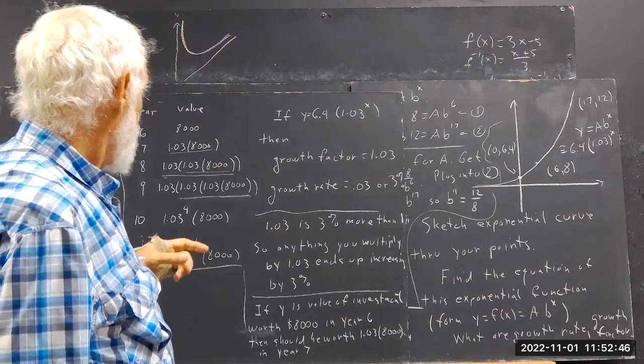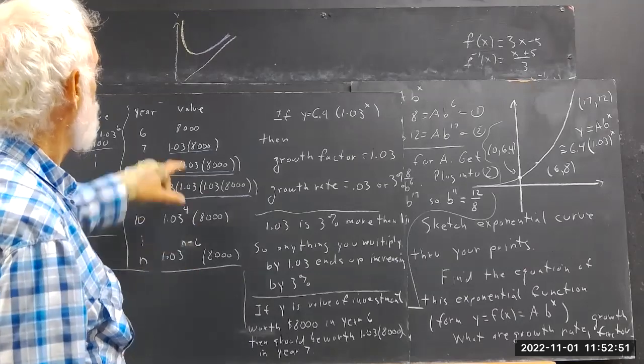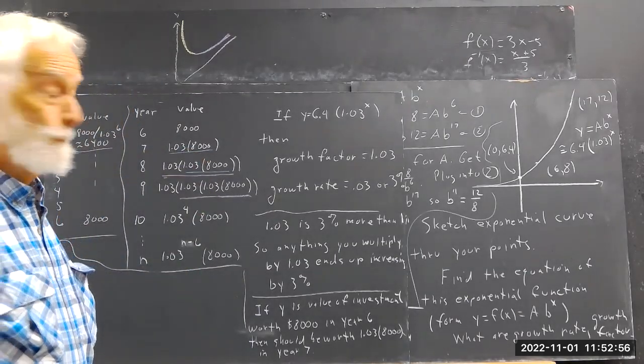And then what happens if you multiply 8,000 by 1.03? This is 3% more than 8,000, right?